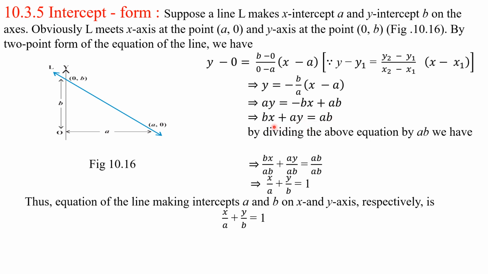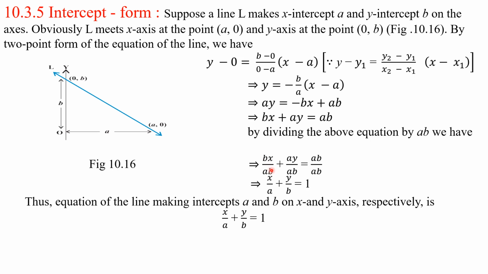Right. Now let us divide this equation by ab. Then what will we get? bx by ab plus ay by ab is equal to ab by ab. Understood this step, my children? We are dividing each and every term of this equation by ab. Then we get this step. Then by simplifying the terms, what will we get? What is the first term?